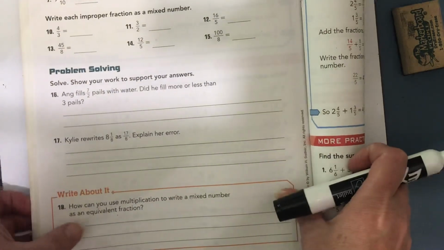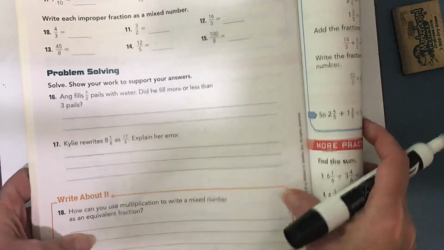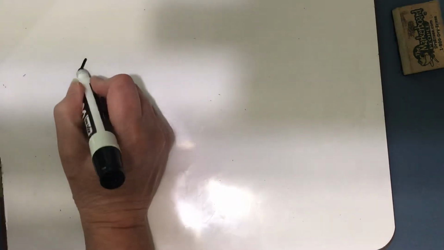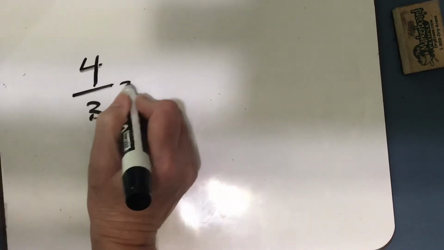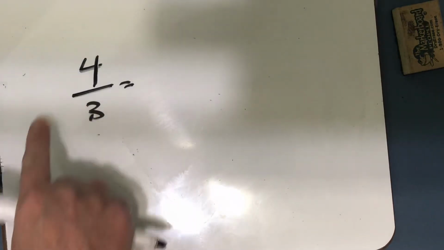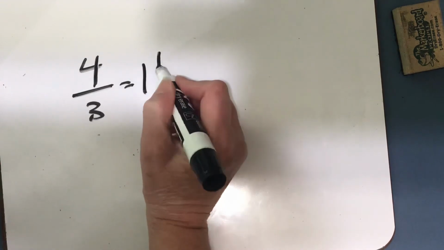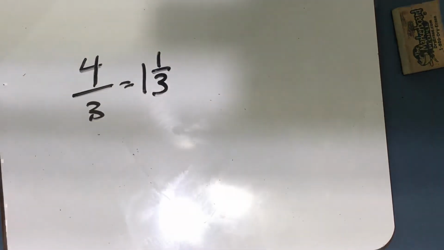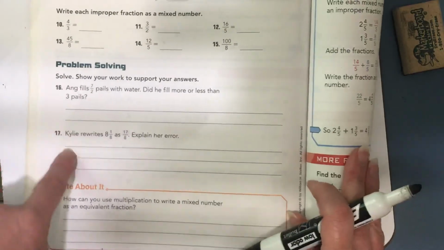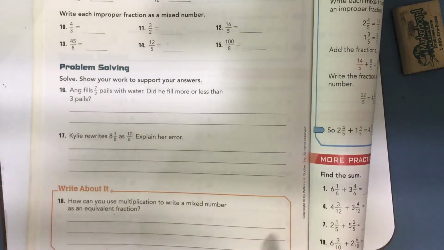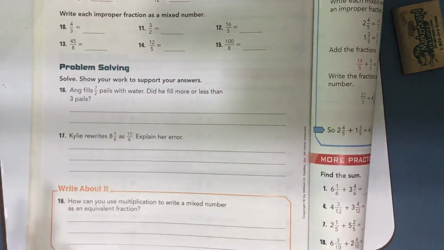So the first one, number 10, says 4/3. Change 4/3 to a mixed number. You say, how many times will 3 go into 4? Well, it goes 1 time with 1 left over. 1 1/3. So that's number 10. Then you have 2 word problems, and then write about it. So numbers 10 through 18 on page 174.